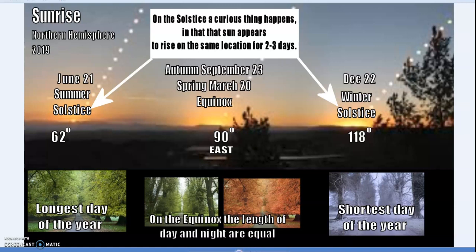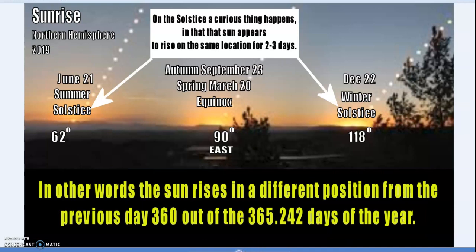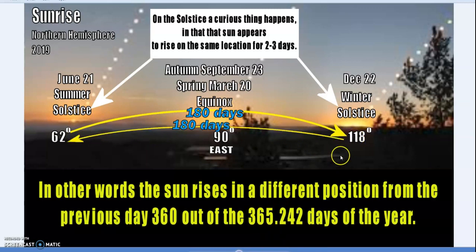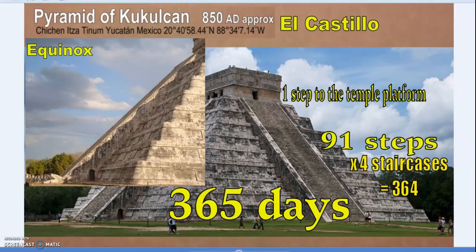This is a very interesting feature because, in other words, the sun rises in a different position from the previous day, 365.24 days of a year. So from the summer solstice is 180 days to the winter solstice, and it sets in the same place for a couple days in a row, and then it moves 180 days back. This is a very important feature.